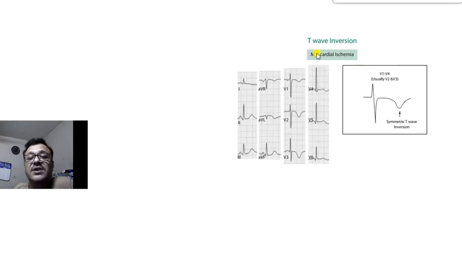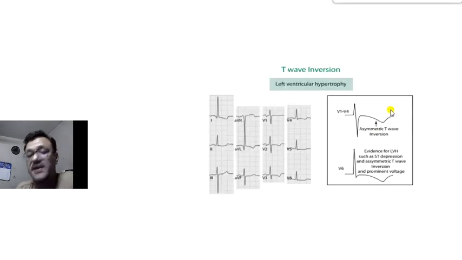Now look at T wave inversion. In T wave inversion, we find symmetrical and asymmetrical. We already mentioned that symmetrical T wave inversion is found mainly in myocardial ischemia and infarction. Look at this, the myocardial ischemia. The two arms of the T inversion are the same or identical.